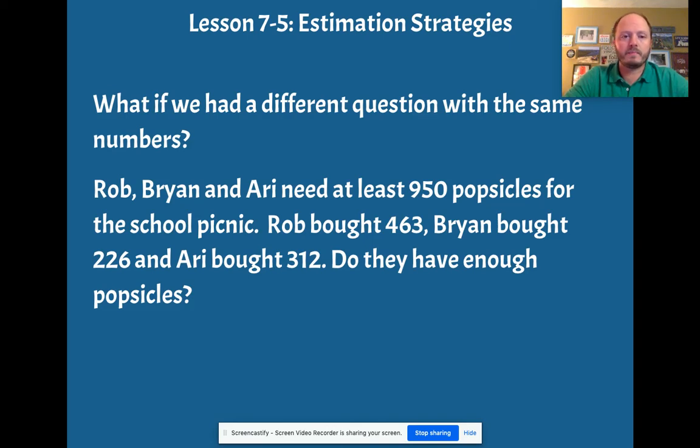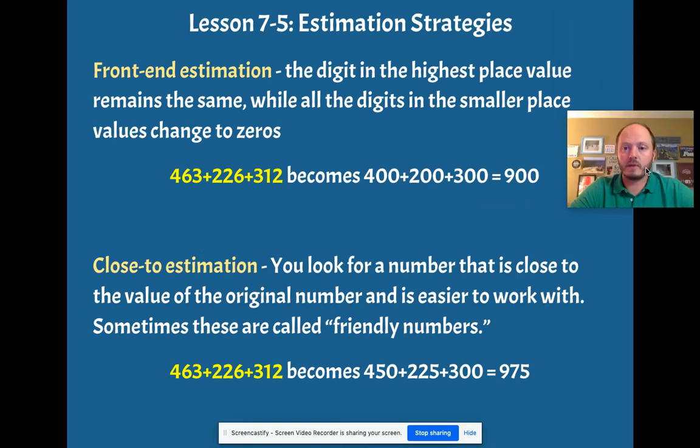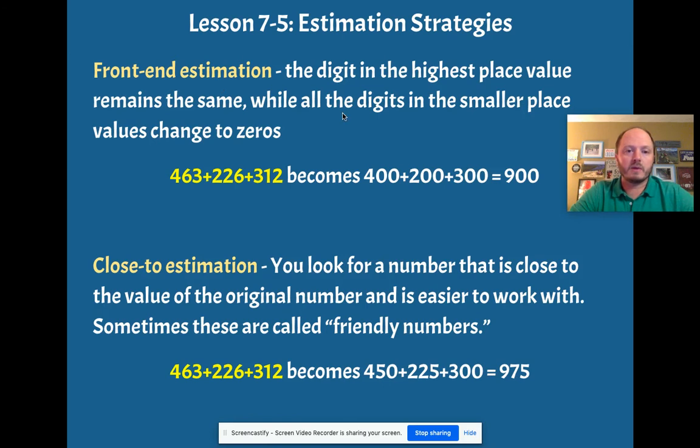Let's take a look. So, one of the other methods of estimation is called front-end estimation. Front-end estimation is when we use just the front end of the numbers, the highest place value and the digit in that place value. So for example, in this case, 463, we would turn into 400.